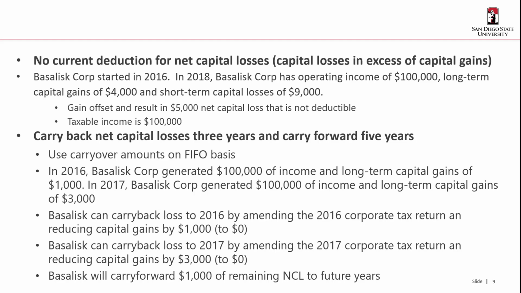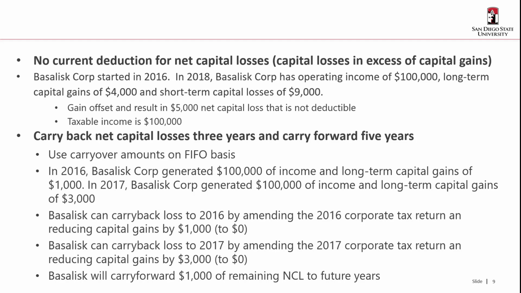So since in 2016, Basilisk generated $100,000 of income and long-term capital gains of $1,000, and in 2017, they generated $100,000 of income and long-term capital gains of $3,000. Okay, so now we know what's happened in its 2 years of operations prior to this net capital loss that it generates in 2018.